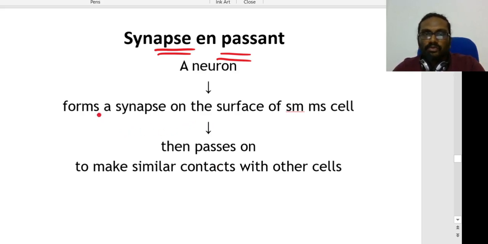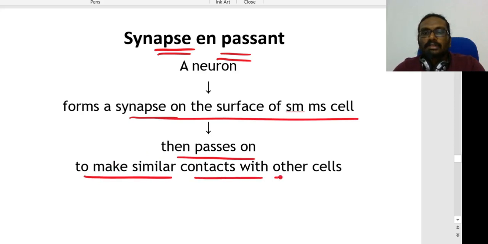From a synapse on the surface of a smooth muscle cell, it passes on to make similar contacts with other cells. This is how a neuron makes contact with adjacent smooth muscle cells. This particular arrangement is what we call synapse en passant.